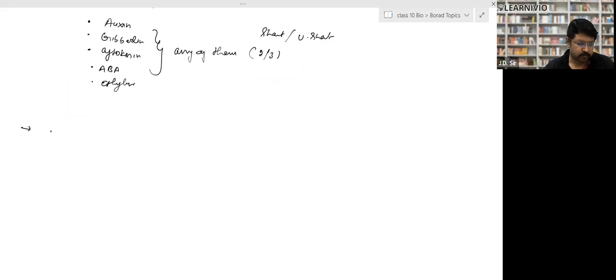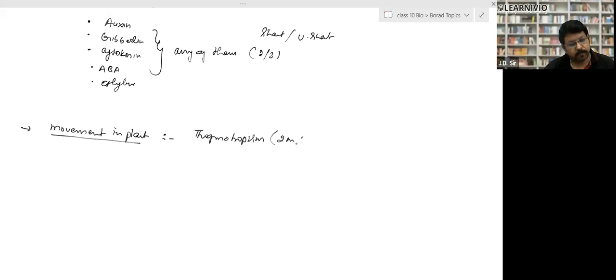Or in fact, what can be the movement in plants? If they ask you about movement in plants, the chances are more that they will ask you what is thigmotropism. That is important. That is a 2 marker question, meaning a short question, right?